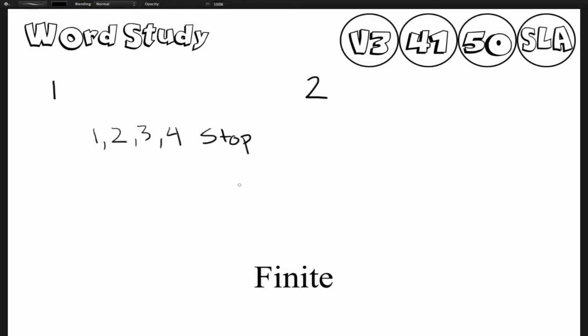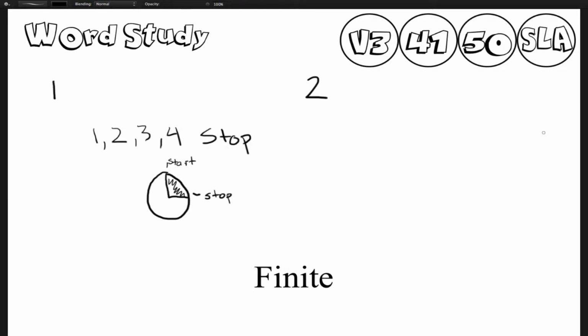Finite can be used to describe something that has an end. Look, here's a clock. Here's how much time you have to study. Start here and stop here. The time is finite.